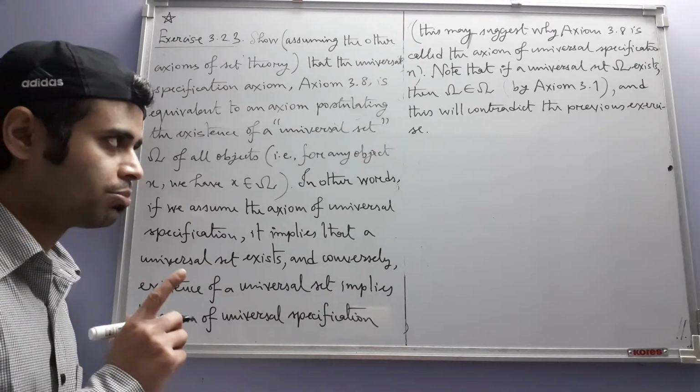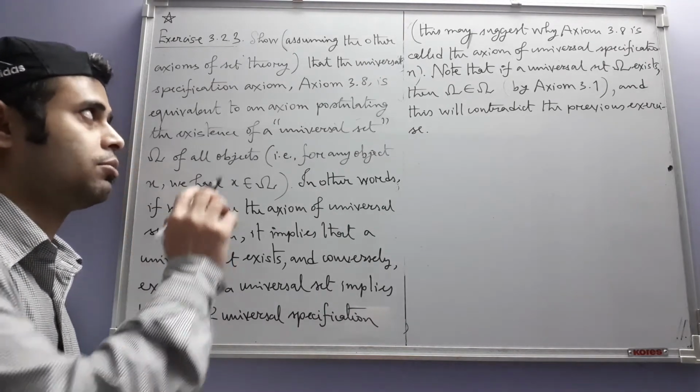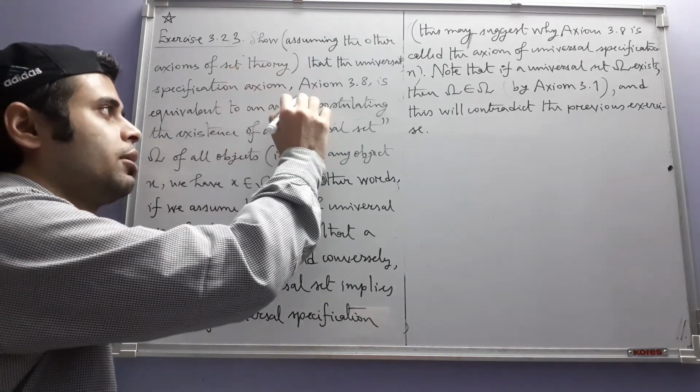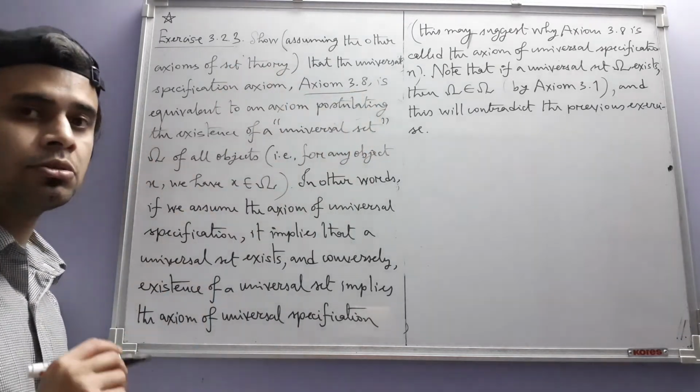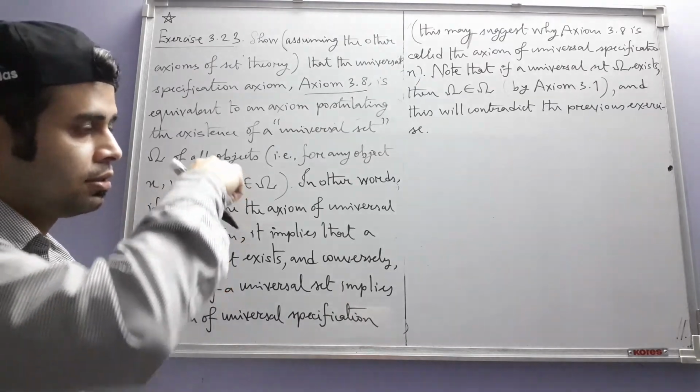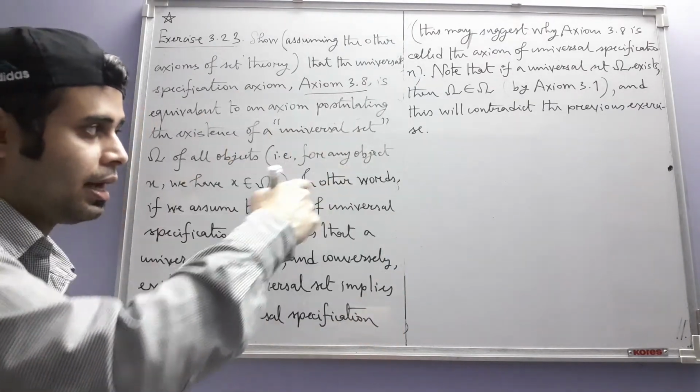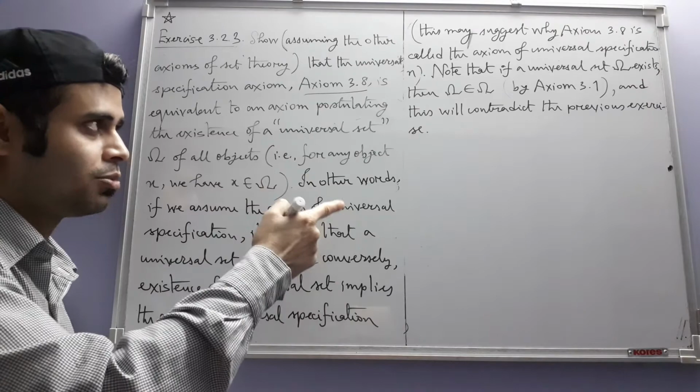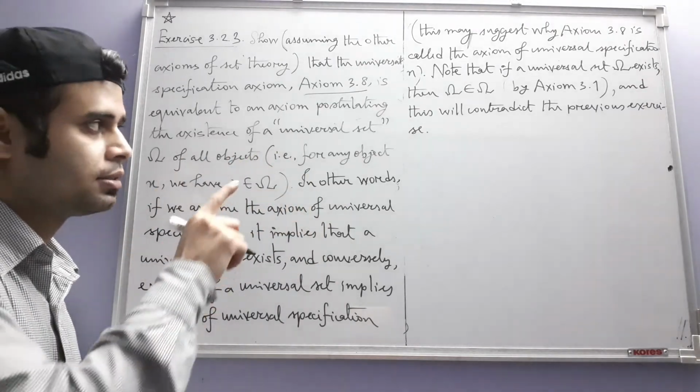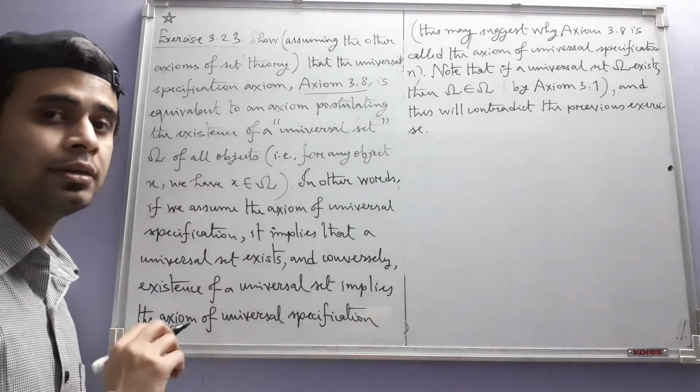And there is one more thing. Now the conclusion is that after all, axiom 3.8 cannot be true if we consider it along with the axiom of foundation, that is the axiom 3.9, regularity axiom.